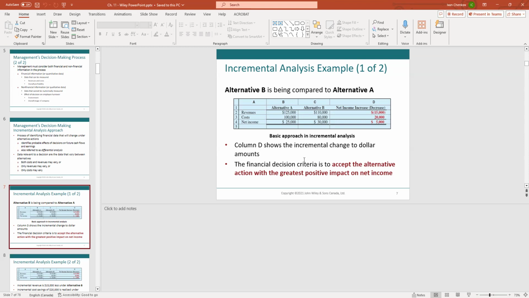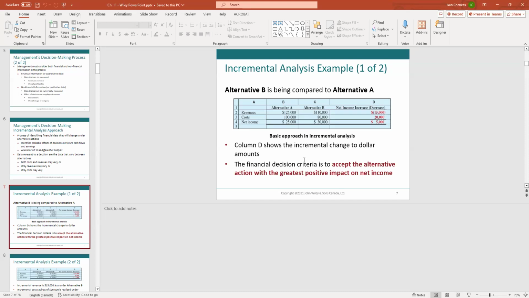The other way you can look at it: if I go with alternative B, that alternative is going to give me $15,000 less revenue. That's why the 15,000 is in brackets, because the second alternative gives me $15,000 less revenue.